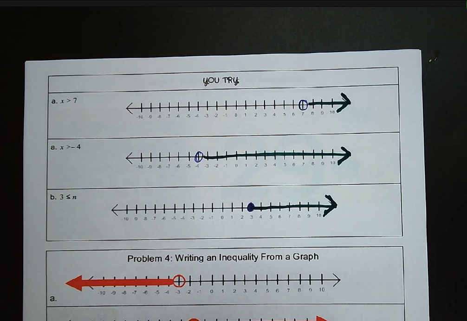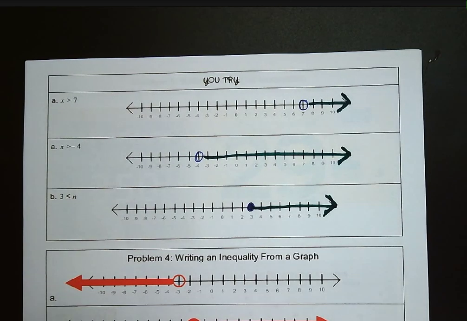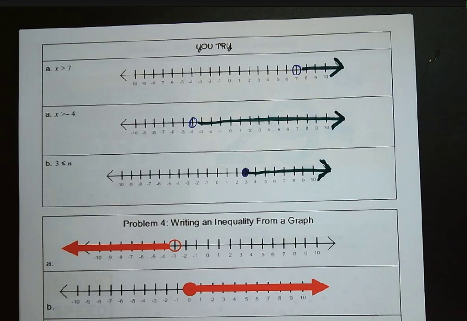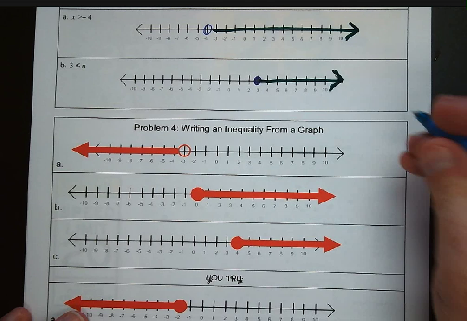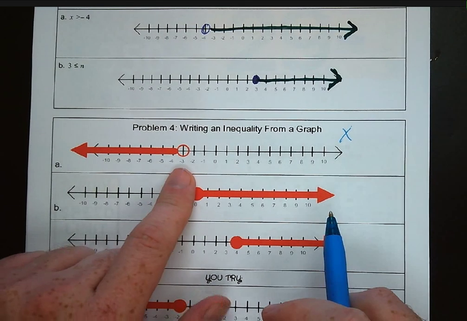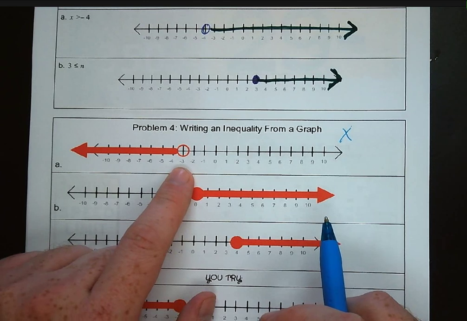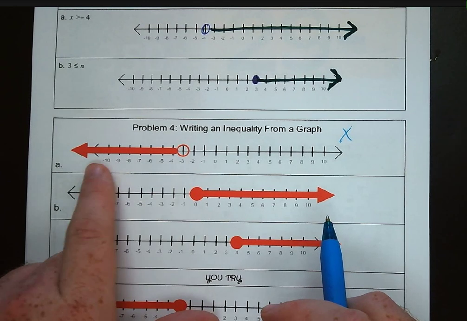All right. Moving on to problem number 4, which asks us to write an inequality when we are given the graph. So I'm going to just use x as my variable all the time. And this is one where we can use this shortcut that I taught you. So the arrow is pointing to the left, and it is an open circle.